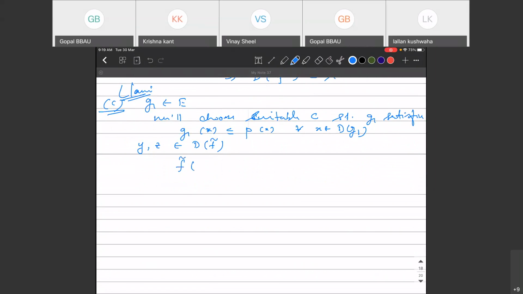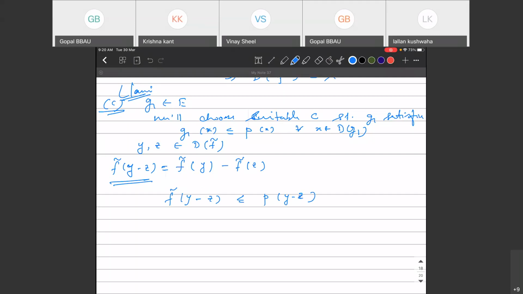Now f tilde is a linear functional, so f tilde of y minus z is nothing but f tilde y minus f tilde z. This part, f tilde of y minus z, is less than or equal to p of y minus z.